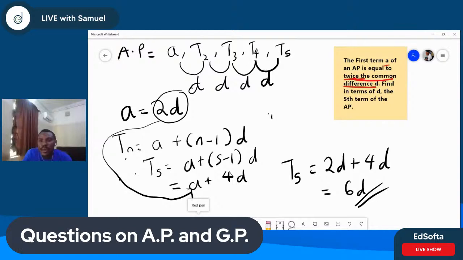So the first term A is equal to twice the common difference.